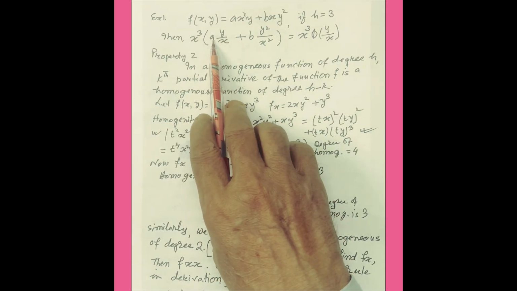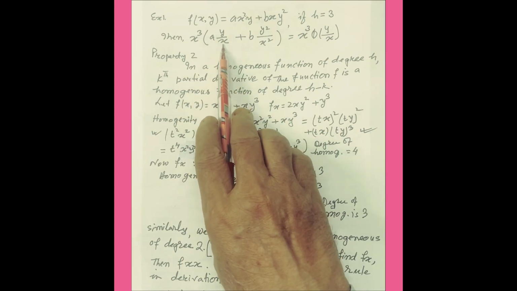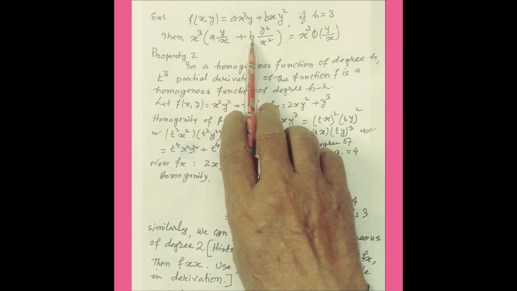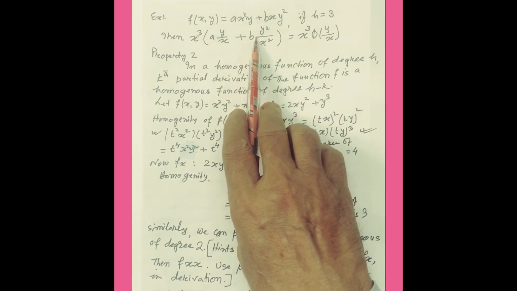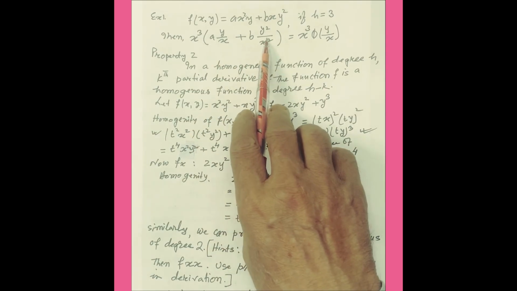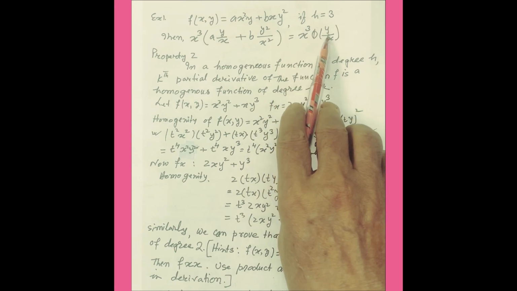That means if we multiply by x cube, it will be ax square y, and this will be bxy square. So it is the function again. So x cube phi(y by x) we can write.